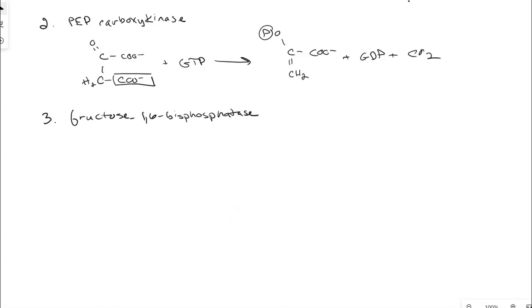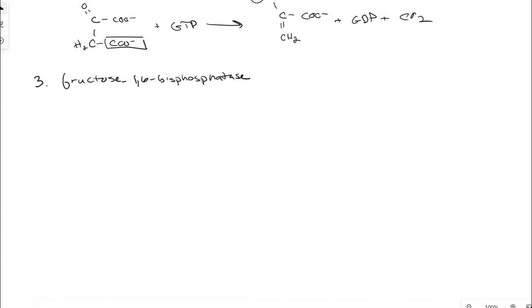So the hydrolysis of fructose 1,6-bisphosphate to fructose 6-phosphate is going to be going through the fructose 1,6-bisphosphatase enzyme. And what this looks like is we've got our fructose 1,6-bisphosphate.